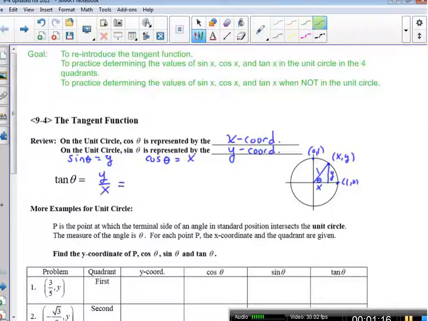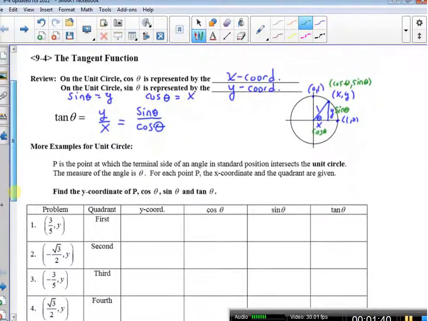And since y is equal to sine theta, we say tan theta is also equal to sine theta over cosine theta. So this side represents the cosine of theta, and this side represents the sine of theta. This coordinate is (cos theta, sine theta).